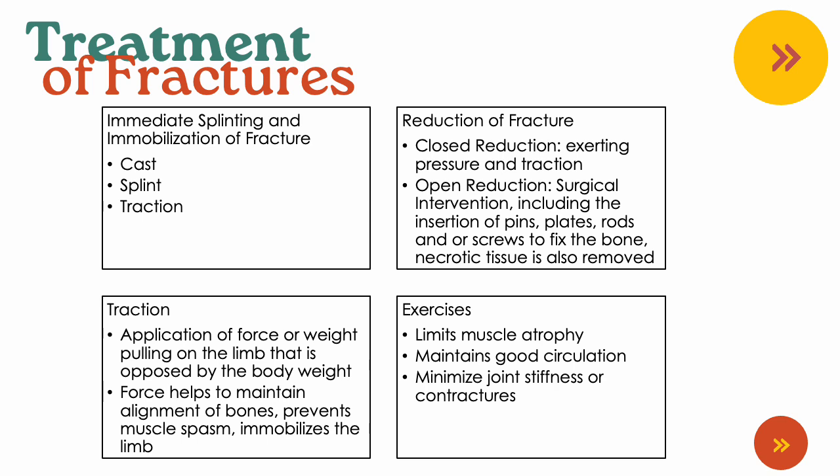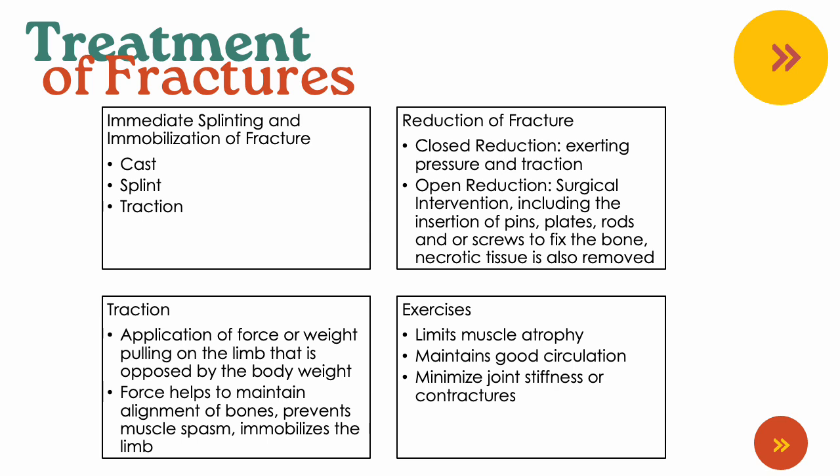The next thing that you want to consider is the reduction of a fracture. When we talk about reduction, this is how we keep it stable. You have two different types of reductions. You can have a closed reduction where the physician, and again, a physician has to do this, would exert pressure and move the extremity back into place, and then they would put on a traction device to help keep it there.